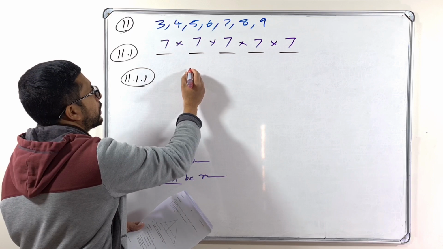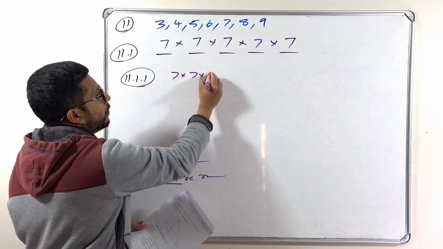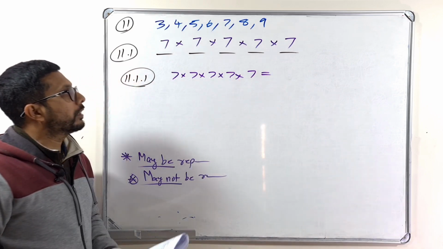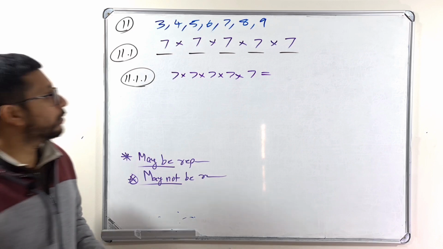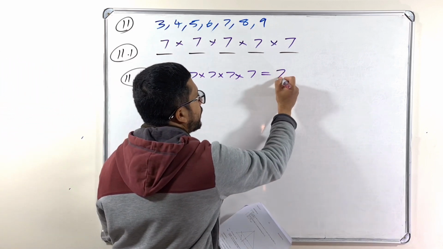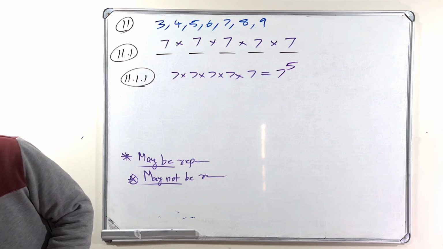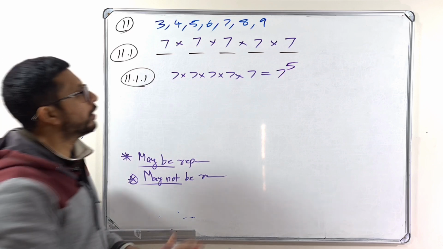So what is the answer? The answer is 7 times 7 times 7 times 7 times 7. Check in your calculator what the answer is. How many 7s are there? 5. That is the same as 7 raised to 5. In your calculator, 16,807.